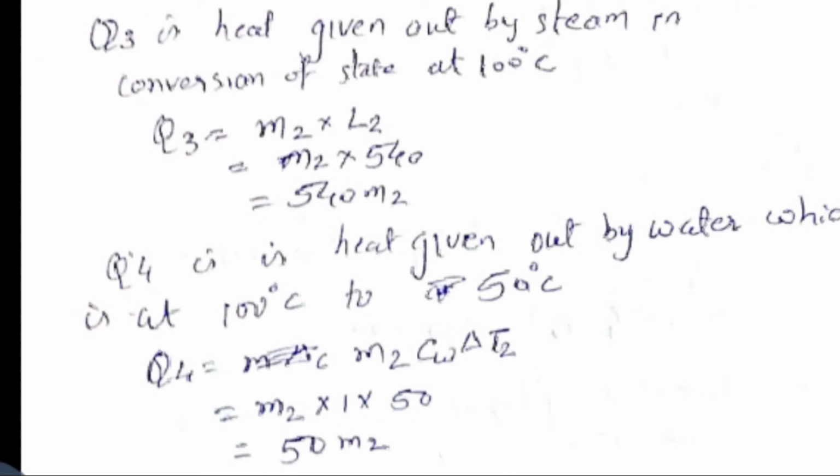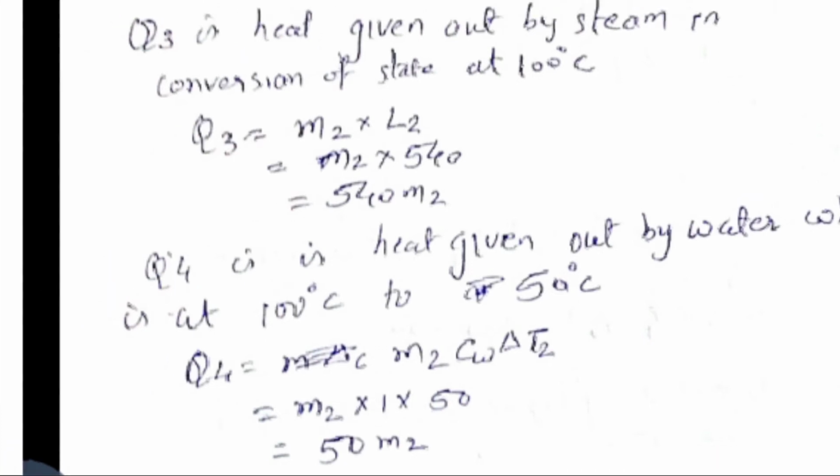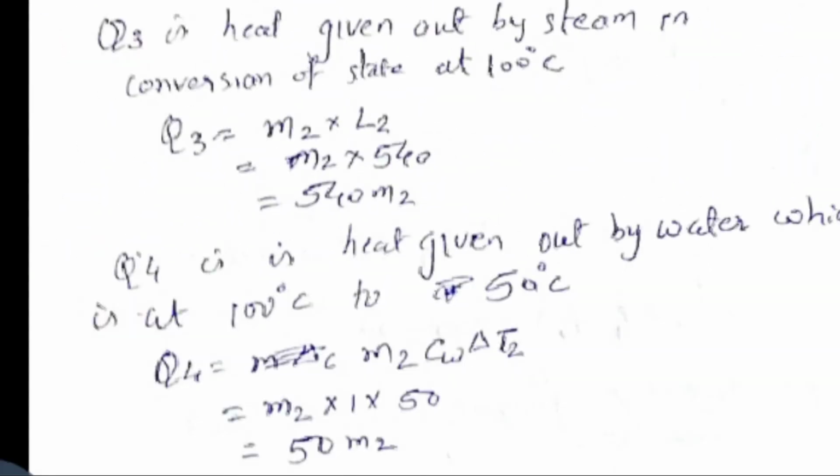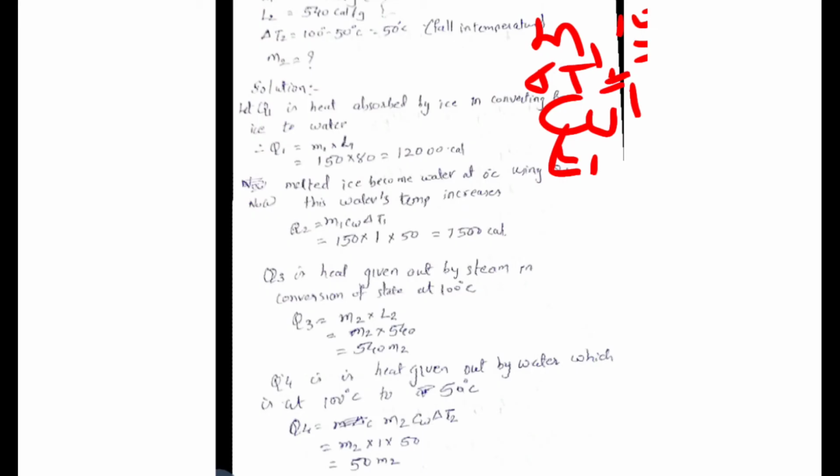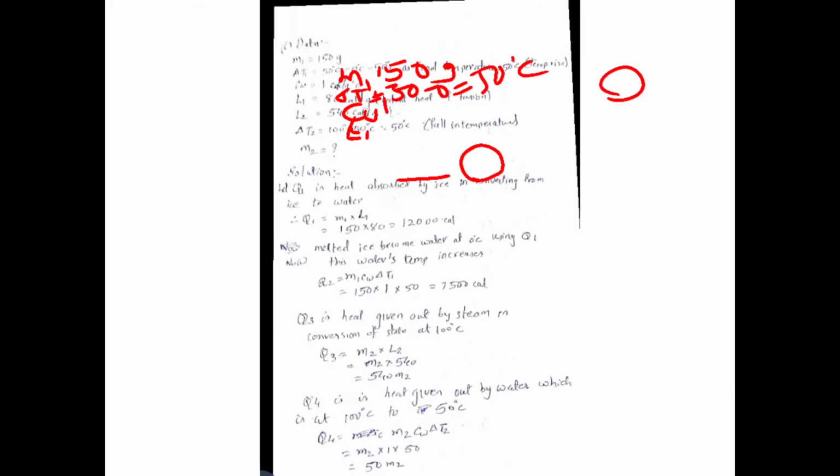I have to use mc delta T. So M2, the specific heat of water is 1, and the temperature difference is 50. So you have M2 into 1 into 50. So how much is it? 50 M2. Correct?